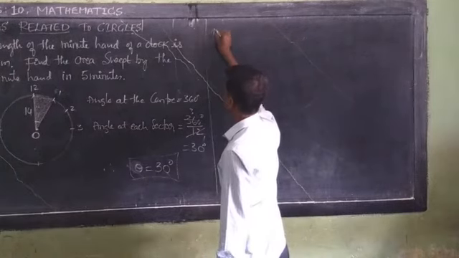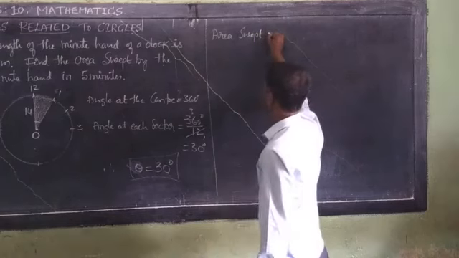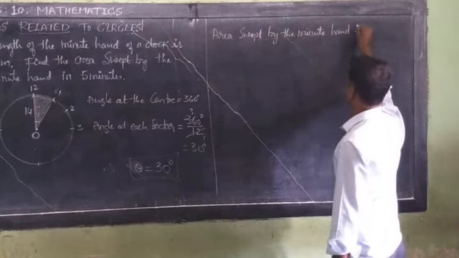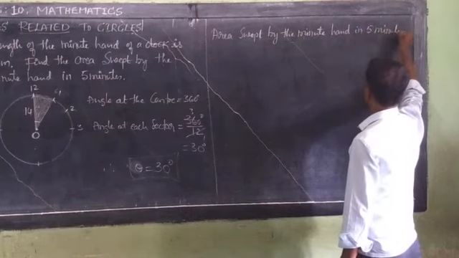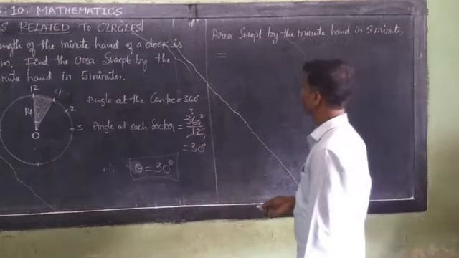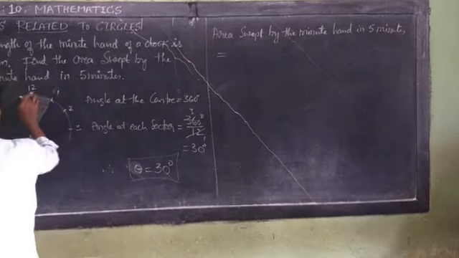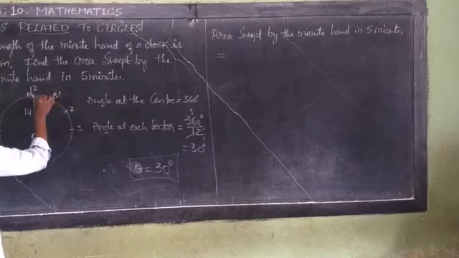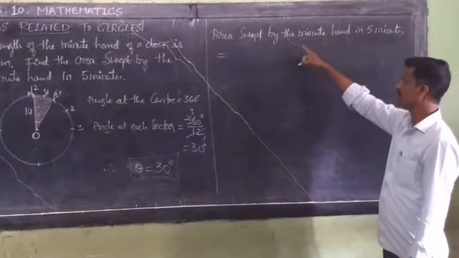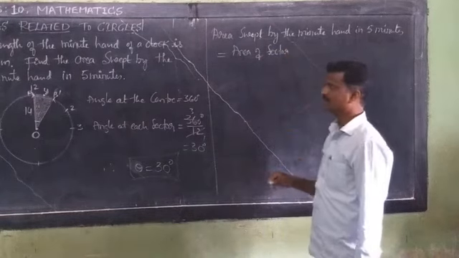Therefore, the area swept by the minute hand in 5 minutes is equal to the area of the sector. We consider this point as A, this point as B, and here is point Y. The area swept by the minute hand in 5 minutes is equal to the area of sector OAYB.